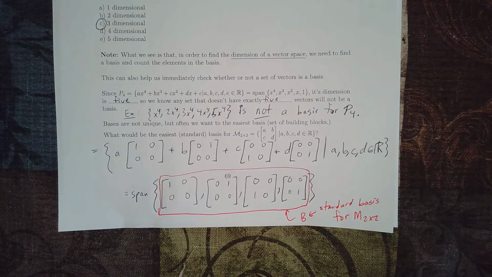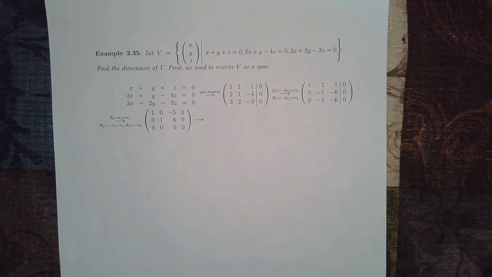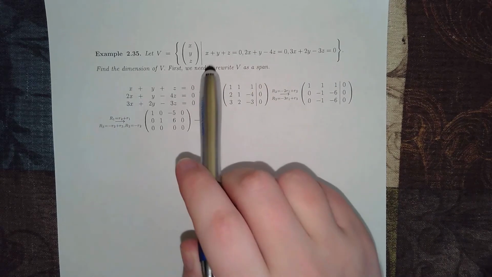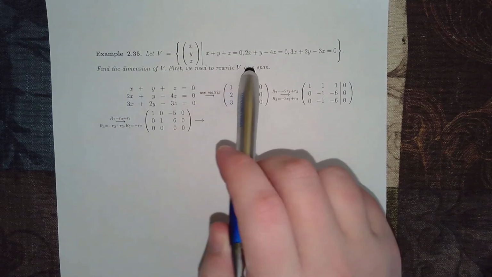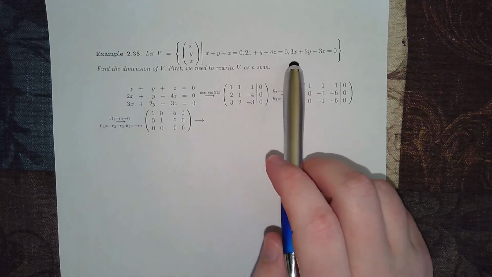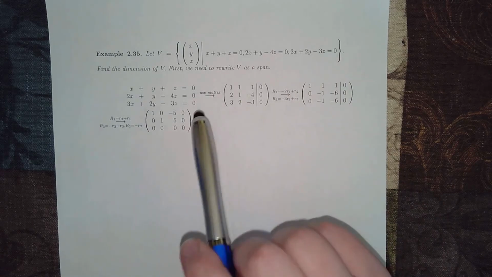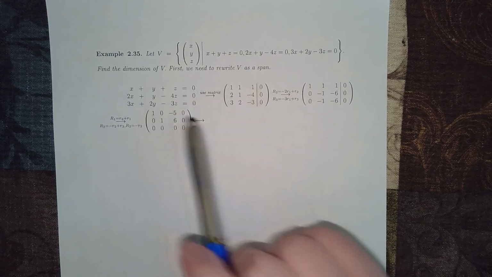All right, so we don't always have to worry about just bases for bigger vector spaces. Sometimes we need to worry about them for subspaces as well. So let's see an example of that. Say we've got a set of vectors x, y, z, such that x plus y plus z equals 0, 2x plus y minus 4z equals 0, and 3x plus 2y minus 3z equals 0. We want to find the dimension for v, so first we need to write v as the span of vectors.